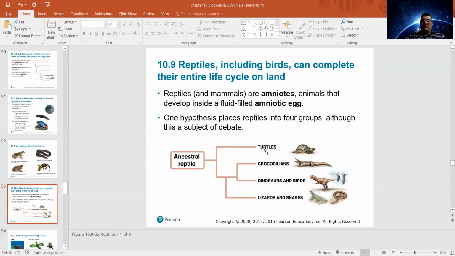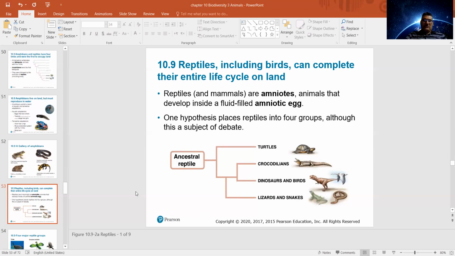The reptiles are four types. The first one is the turtles, and with turtles another adaptation was added, so it's more advanced. Another evolutionary adaptation, so now you have the crocodilians and dinosaurs and birds. And the last one is the lizards and snakes.